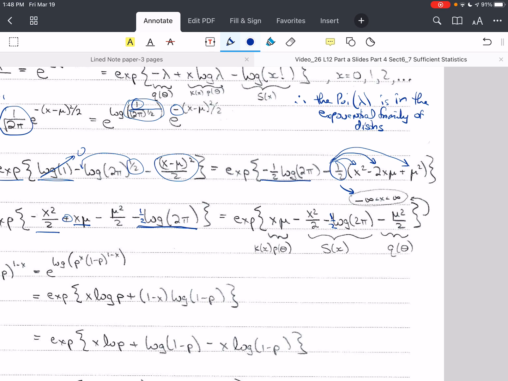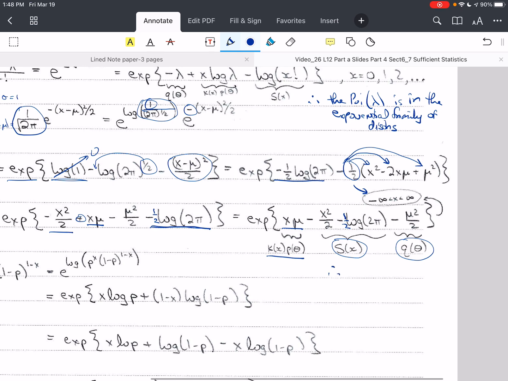So the x times mu is the k of x times p of theta, or p of mu. The constant and the x squared over 2, the negative x squared over 2, this can be s of x, and then minus mu squared over 2 is our q of theta.